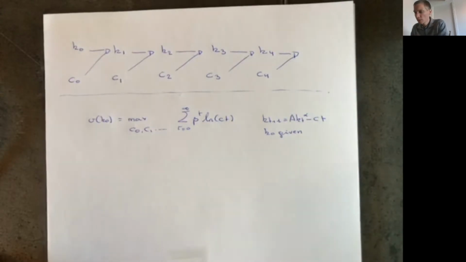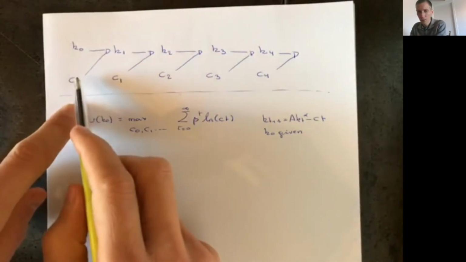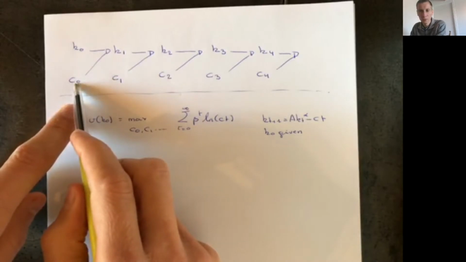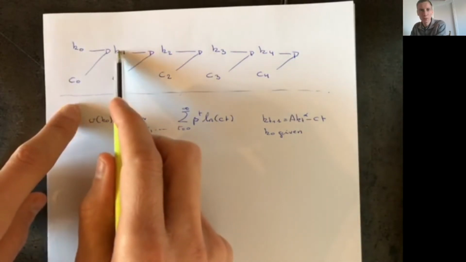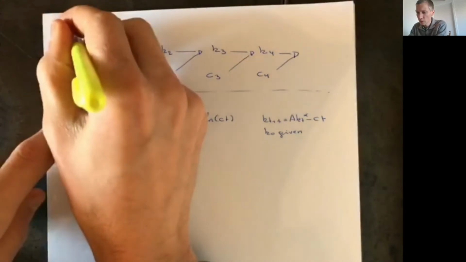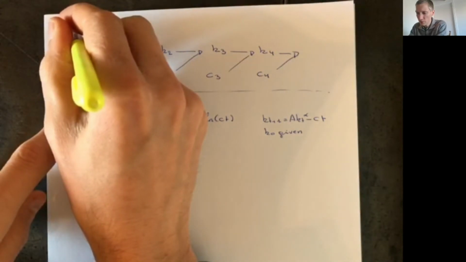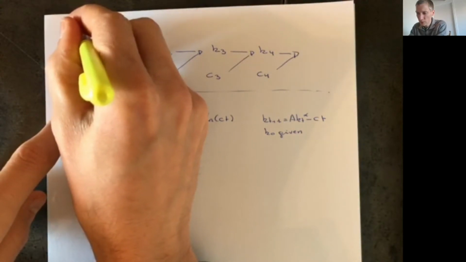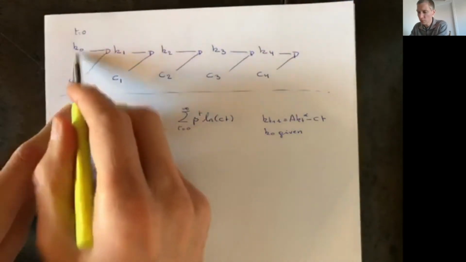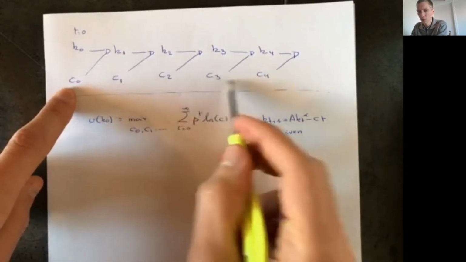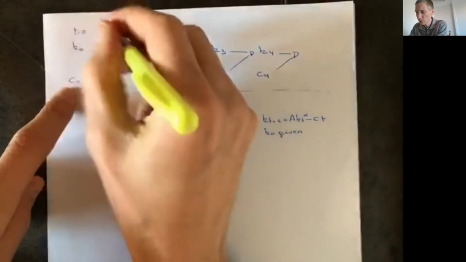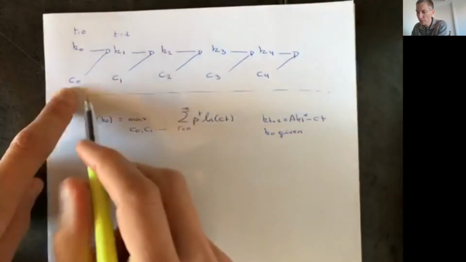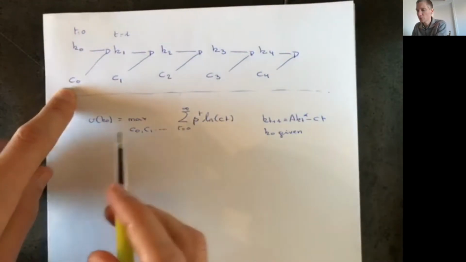So now let's assume that we have taken c0, and together with k0 we arrived at k1, right? So now we have a decision maker, right? So at t equal to 0, this is his problem, determining c0, c1, and so on. And assume that we're now at period t equal to 1, so he has already made the decision c0, right?